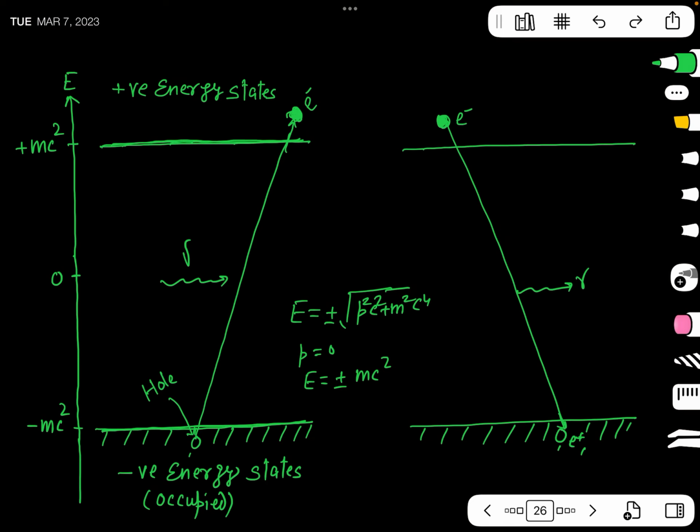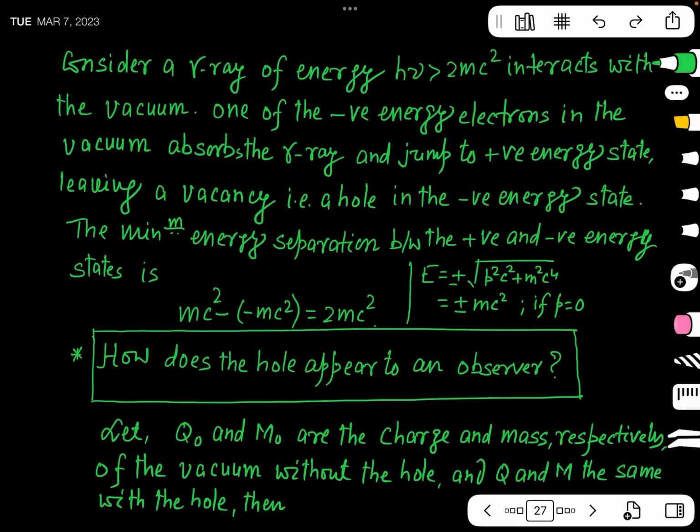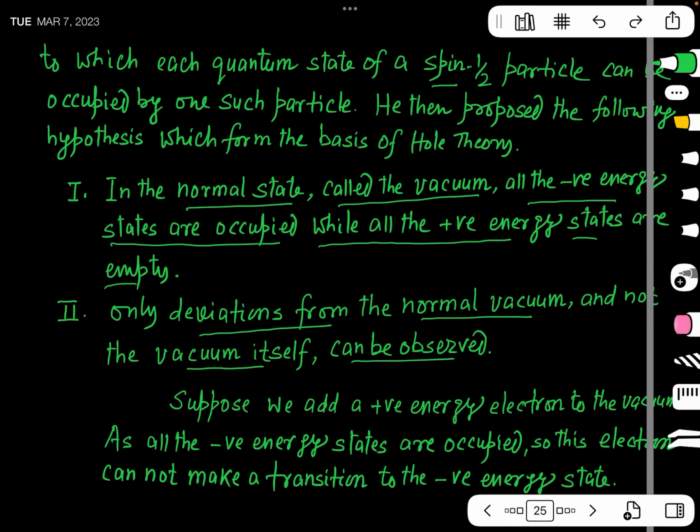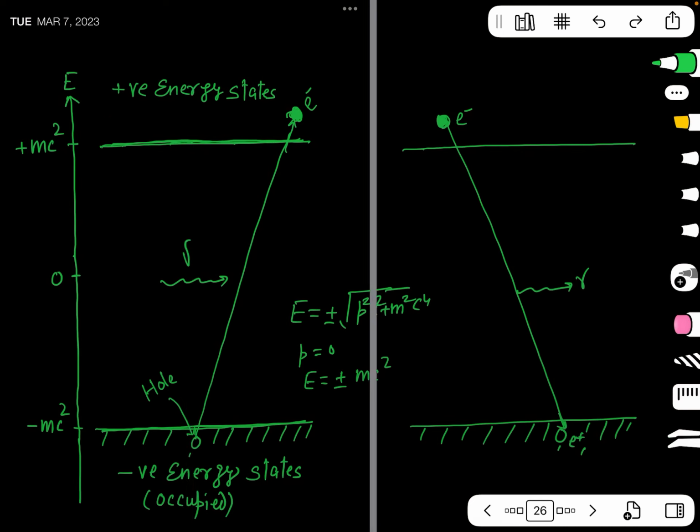So I have mentioned it here. Suppose we add a positive energy electron to the vacuum. As all the negative energy states are occupied, this electron cannot make a transition to the negative energy state.